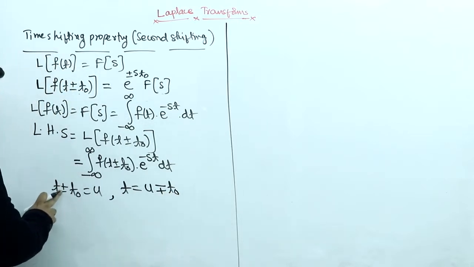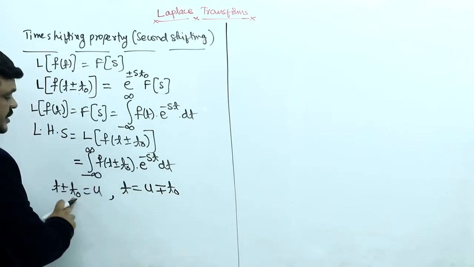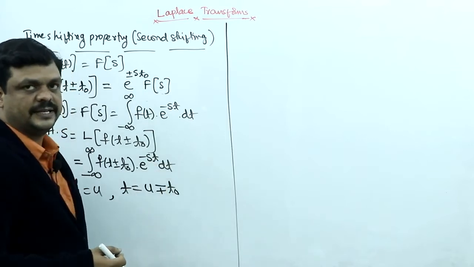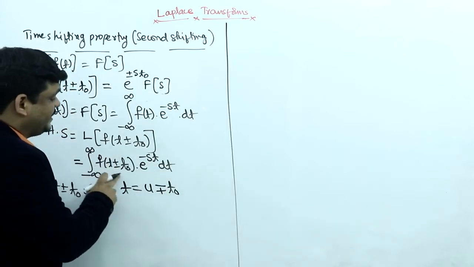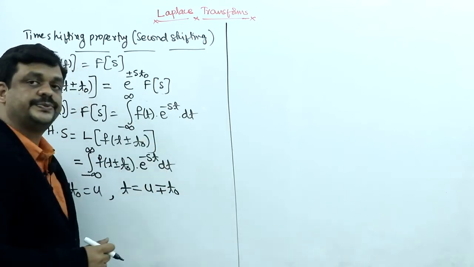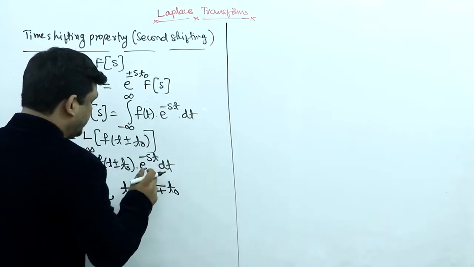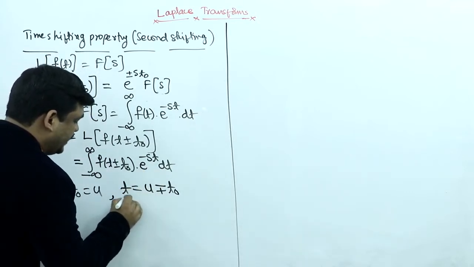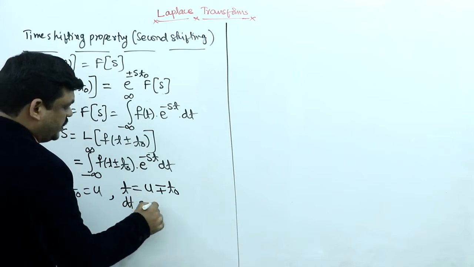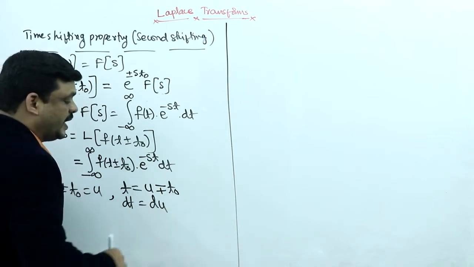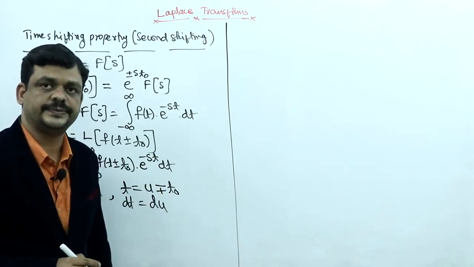See, plus or minus becomes minus or plus, and t naught is constant, so write this constant as it is. Now differentiate both sides, then it gives dt is equal to du because t naught is a constant.